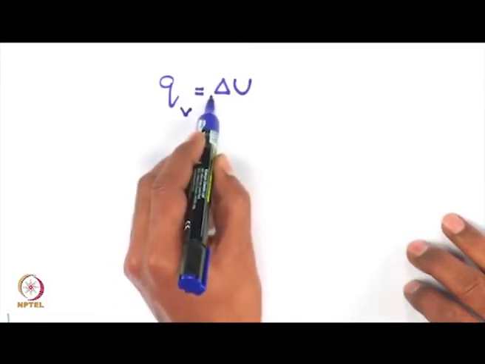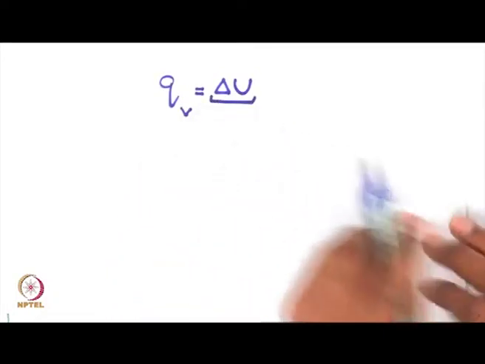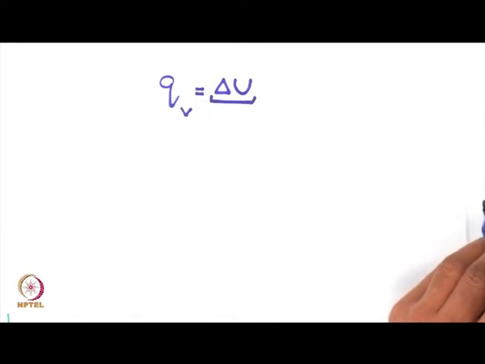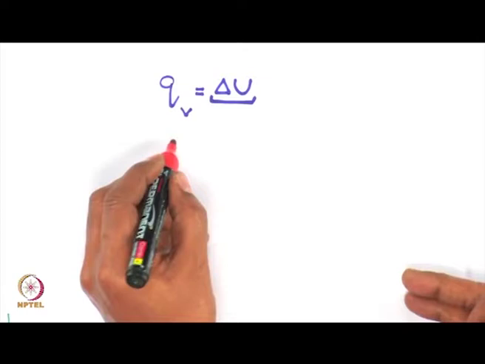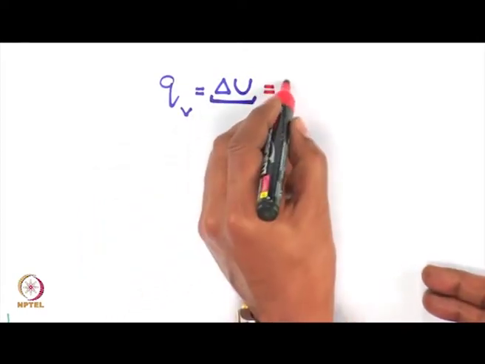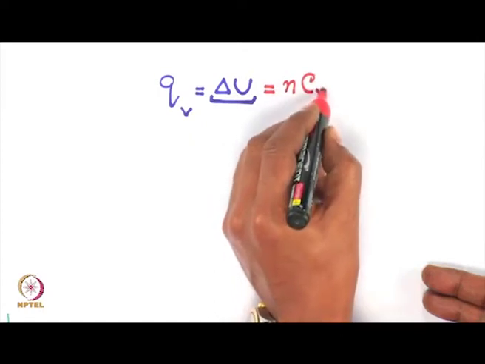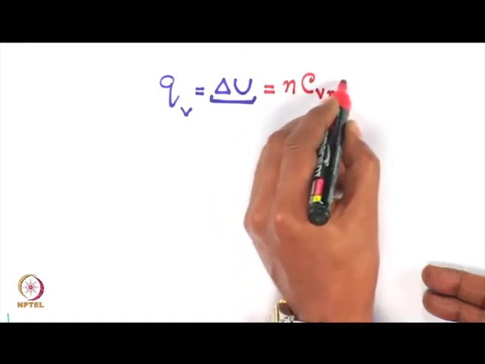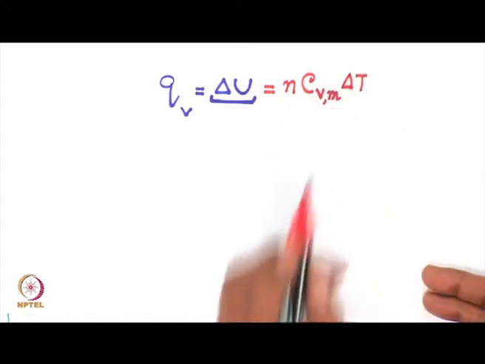And delta U means we should now focus on heat capacity at constant volume. So, this will be equal to n times CVM into delta T.